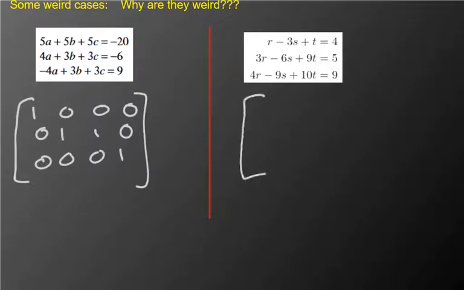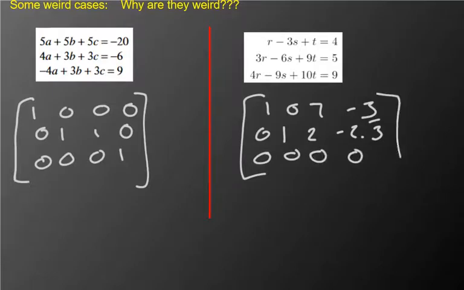And on this one, you would get 1 0 7 -3, and then 0 1 2 -2.3 repeating, and then you're going to get a row of zeros. Both of these represent weird cases, and this one is probably a little more clear, my guess.